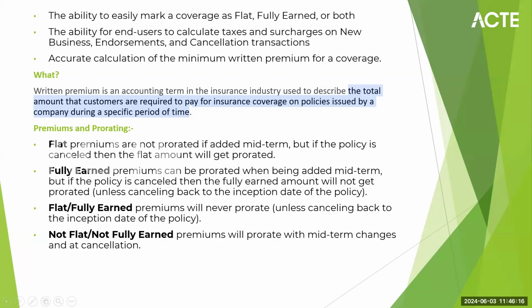Fully earned premium can be prorated when being added midterm. But if the policy is cancelled, then the fully earned amount will not get prorated unless cancelling back to the inception date of the policy. Prorated means returning back.